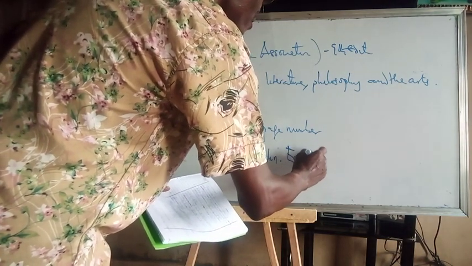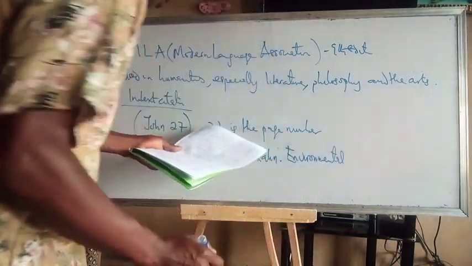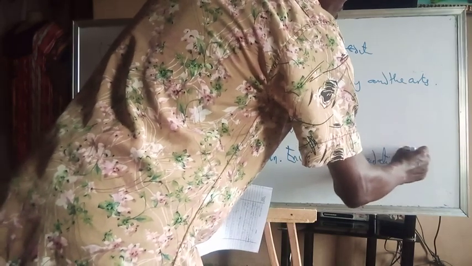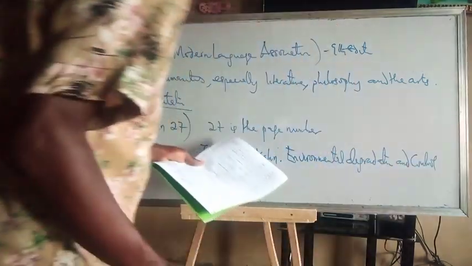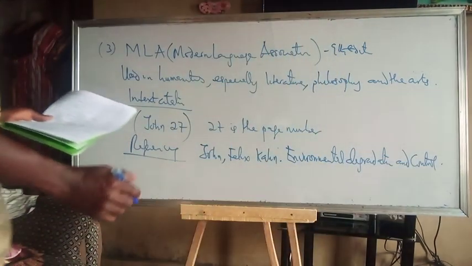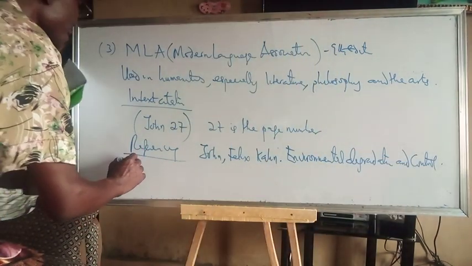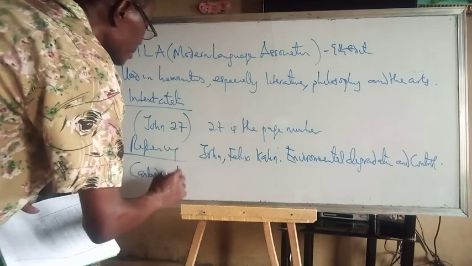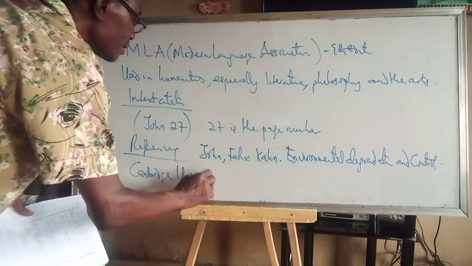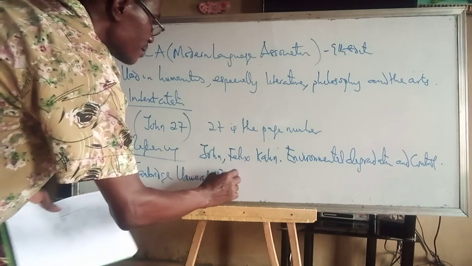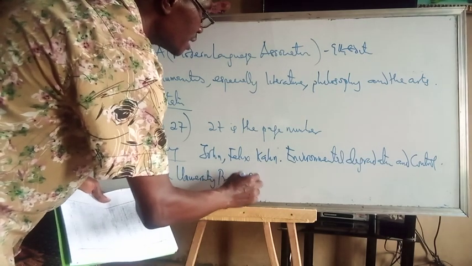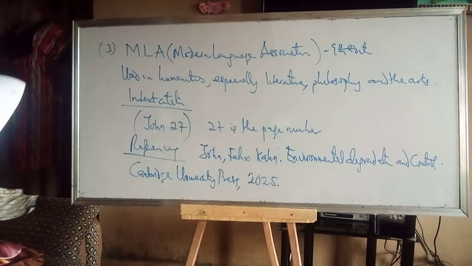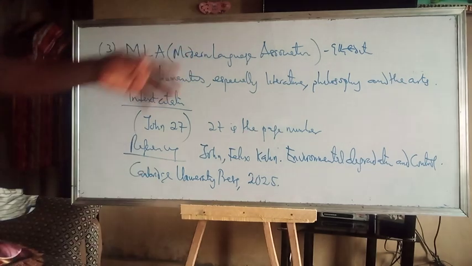Environmental degradation and control. Okay. Then after that full stop, you write Cambridge University Press, 2025. That's how the referencing will be carried out for John in the MLA, Modern Language Association.